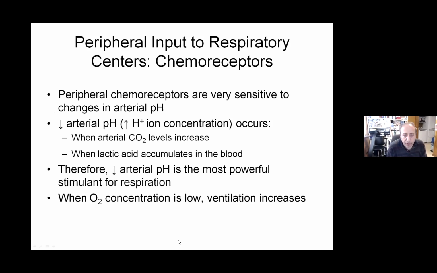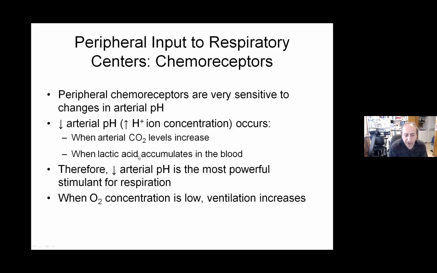So the peripheral input to the respiratory center, the chemoreceptors, are very sensitive to pH level. So a decrease in pH means an increase in proton ion concentration. It occurs when the carbon dioxide level increases in the blood, and also when lactic acid accumulates in the blood, like during heavy exercise.